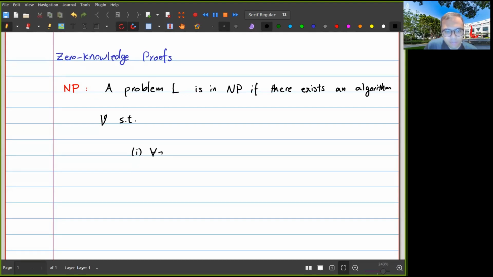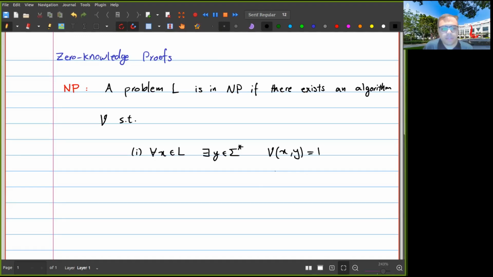I would say for every input X that is in my language L, so for every input that satisfies the conditions of my problem, every input whose answer is yes, there should exist some proof, and I'm going to call that proof Y, and this Y is in sigma star, such that if I give the input and this proof to this algorithm, it will tell me that this is a correct proof, such that if I run V of X, Y, the answer is 1.